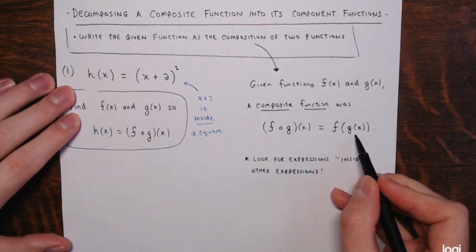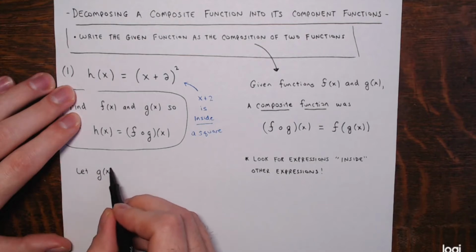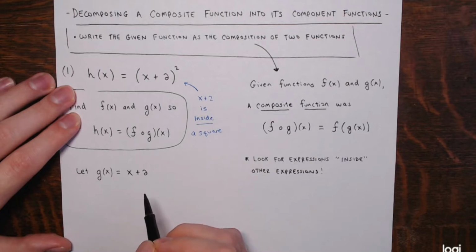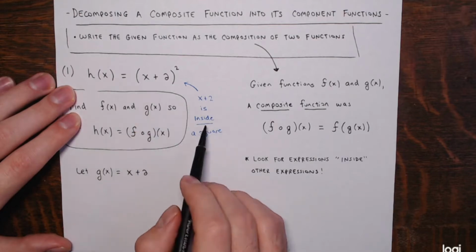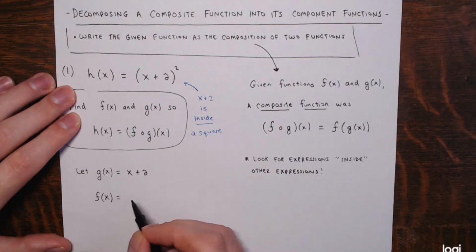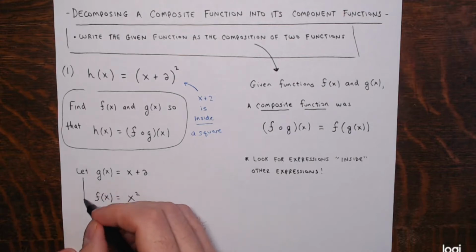Let g of x be x plus 2, and it's inside something squared. So we'll call f of x the outer function: f of x equals x squared, something squared. And there we go. That should be enough.